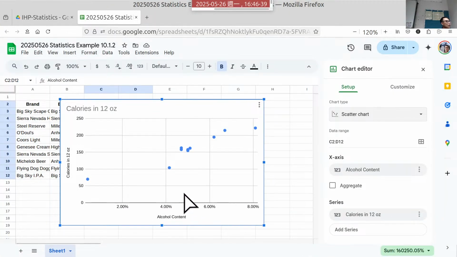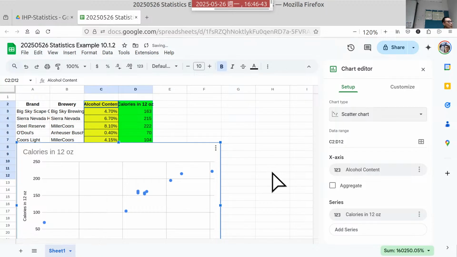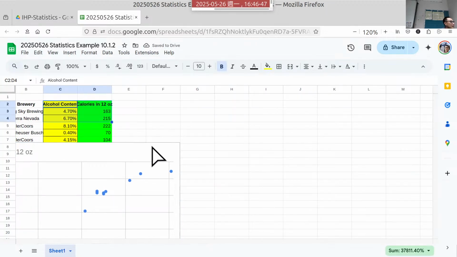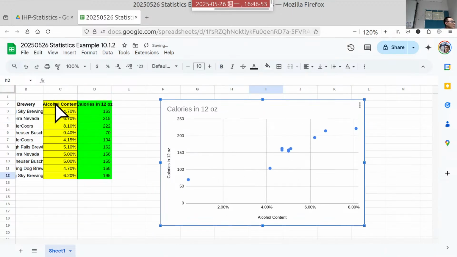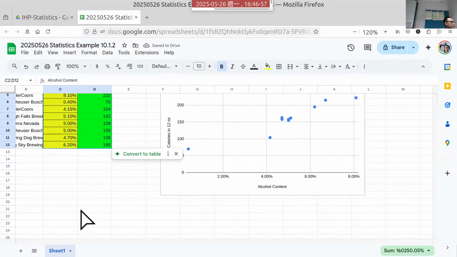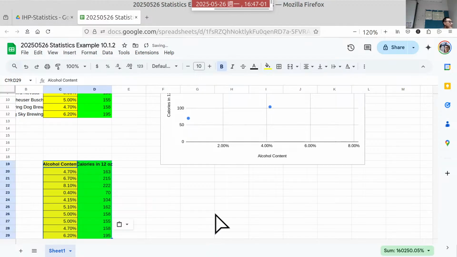How can we get the information like this? Let me tell you, we can do one more. Copy, paste, and there is an outlier.